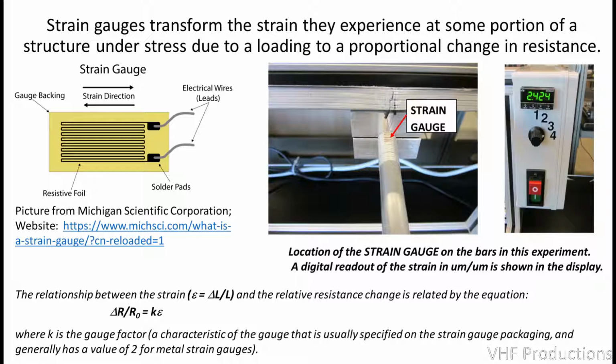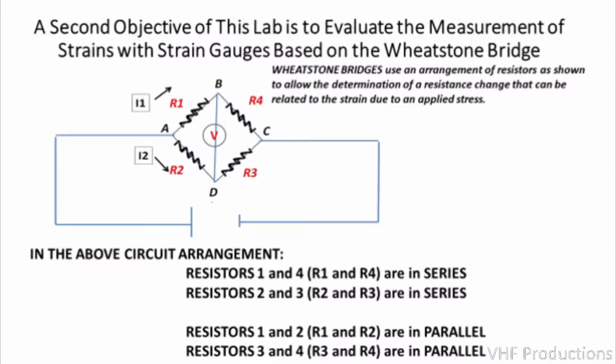And that small change in resistance is often very difficult to measure. So as a way to increase the resolution of that measurement, we employ the use of a Wheatstone Bridge, a special circuit developed in order to evaluate the change in resistance of a strain gauge. I will explain how a Wheatstone Bridge functions next.